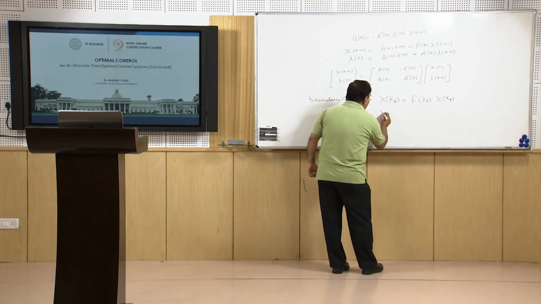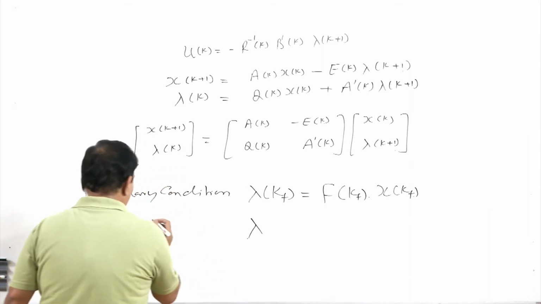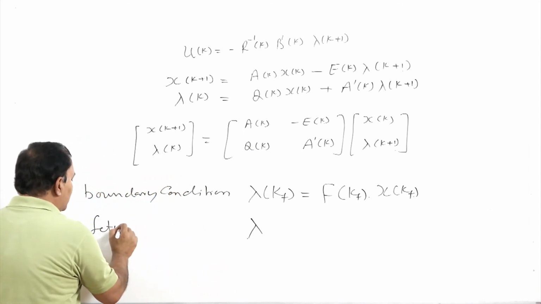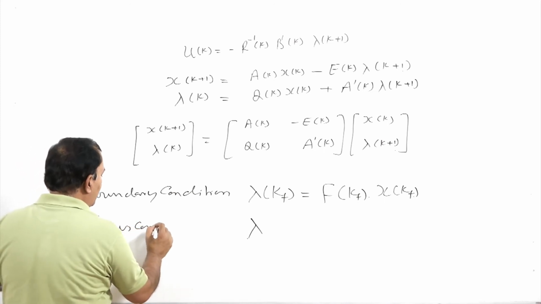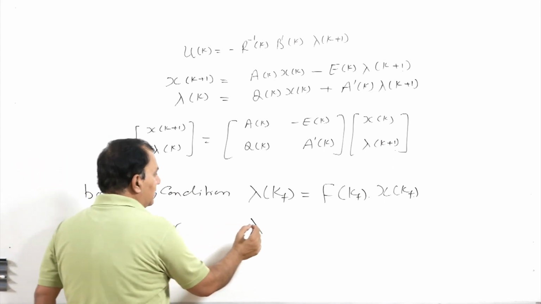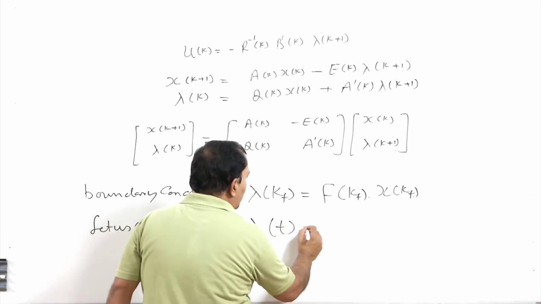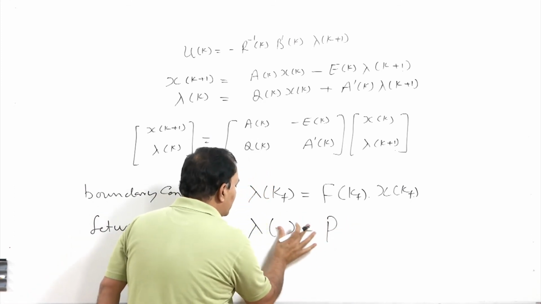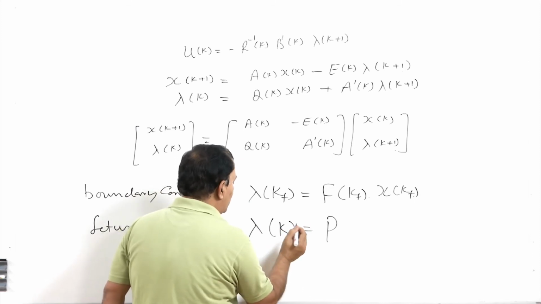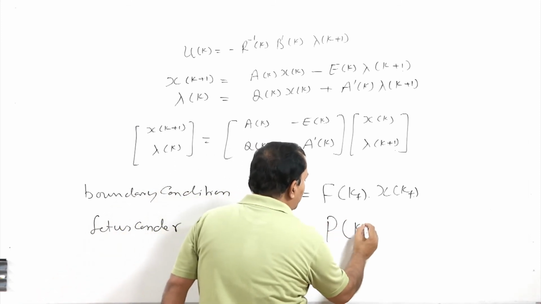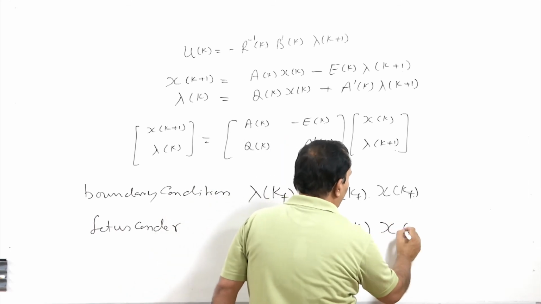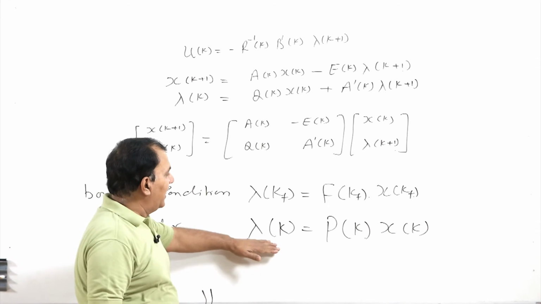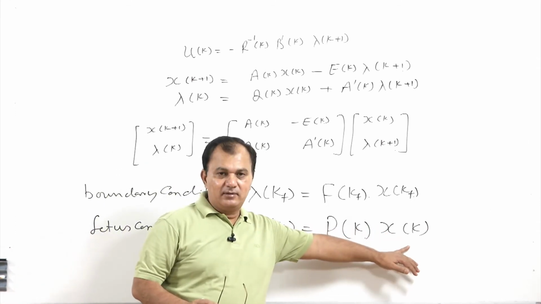So we can say, let us consider the transformation lambda k equal to some unknown matrix P k x k, which can transform my lambda into x.